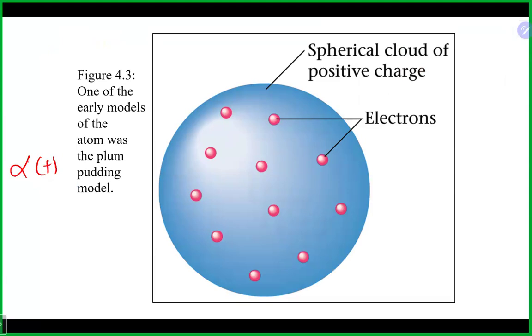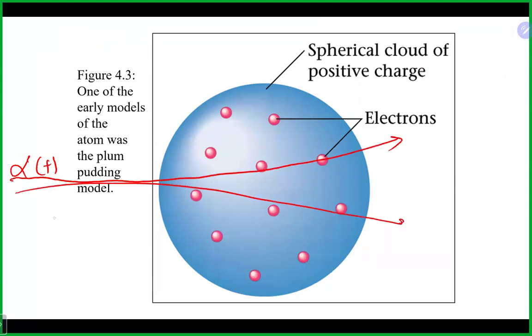So, positive shot into a pudding of positive charge, they expected these particles would go through and there would be a little bit of deflection as they pass through.